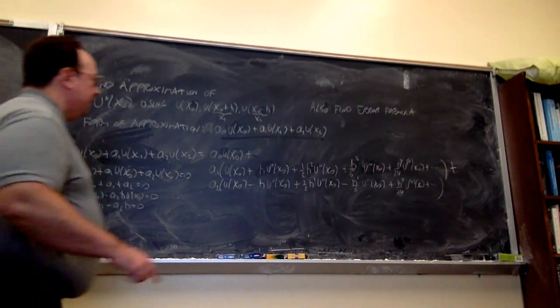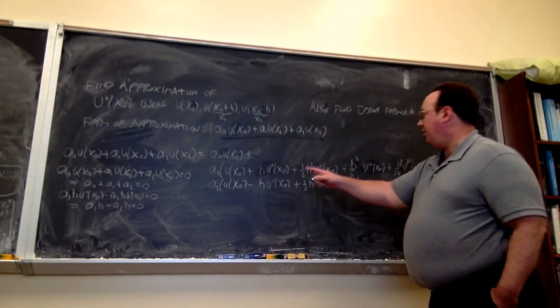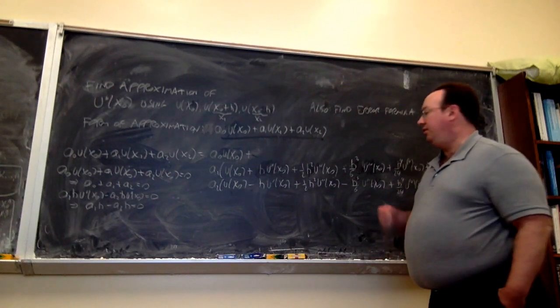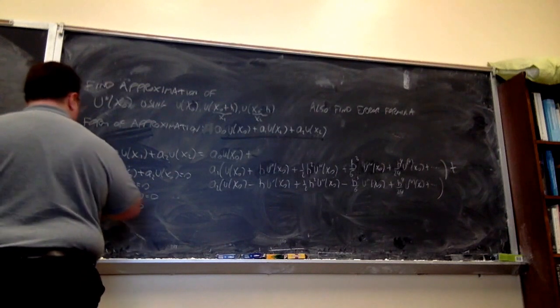And then second derivative terms, I have coefficients multiplying u double prime of x naught, and I want those to add up to 1. So let's separate these.